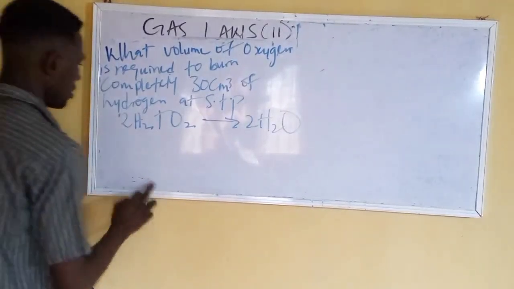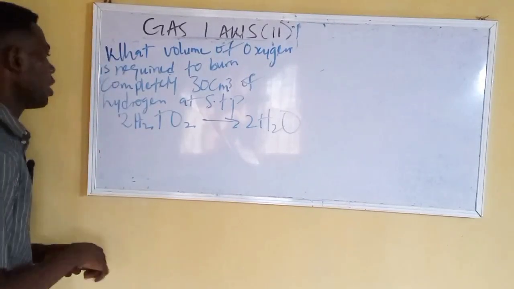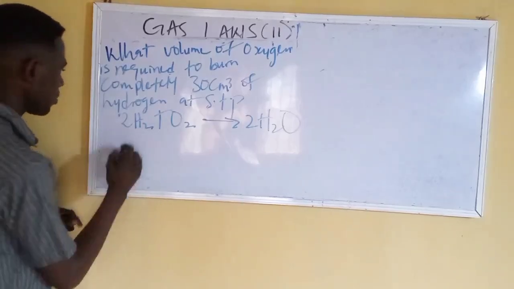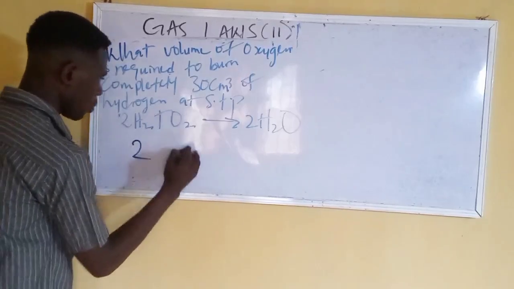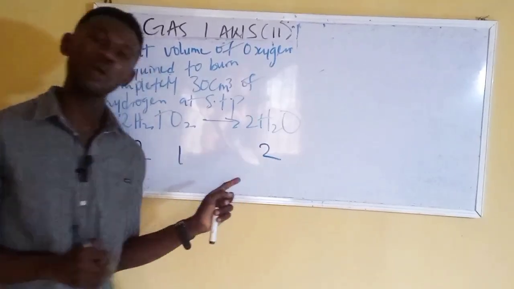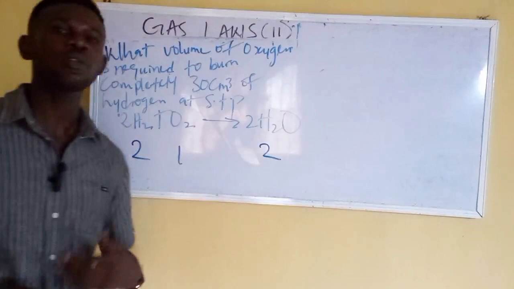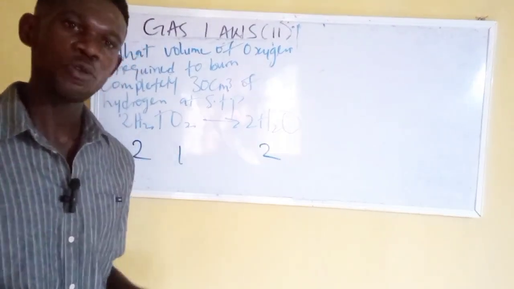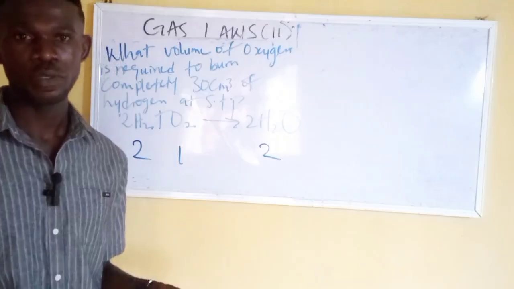Now, looking at this, first things first is look at the way they combined. We are seeing this as 2, 1, 2. Because the approach you're meant to apply here is what we call Gay Lussac's law of gas combination.